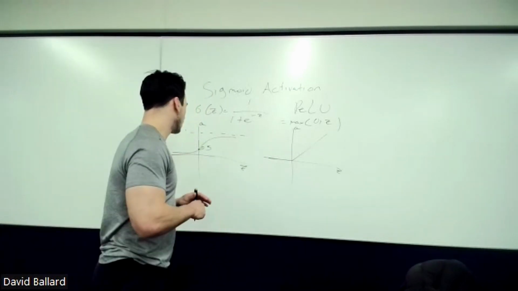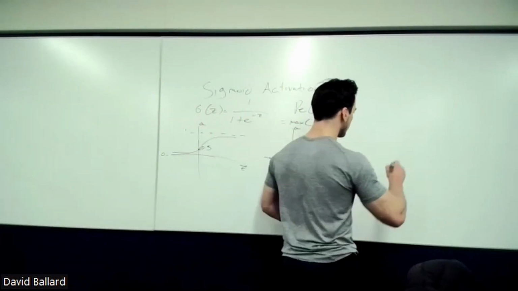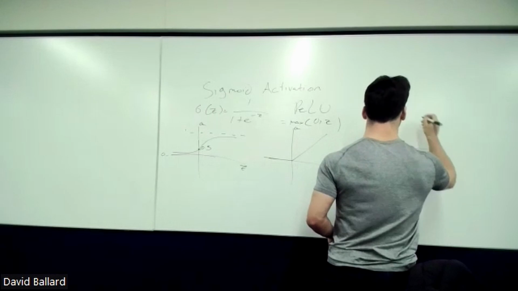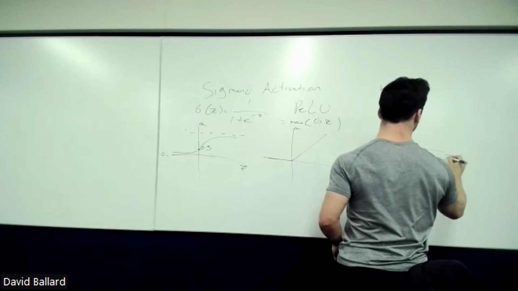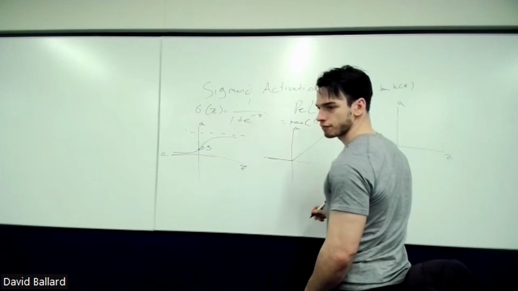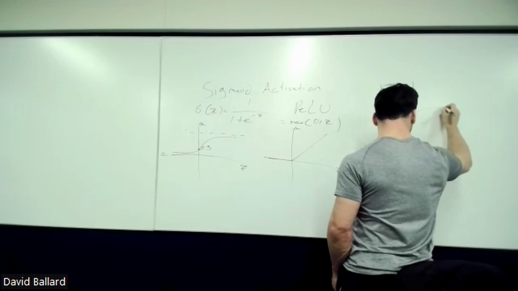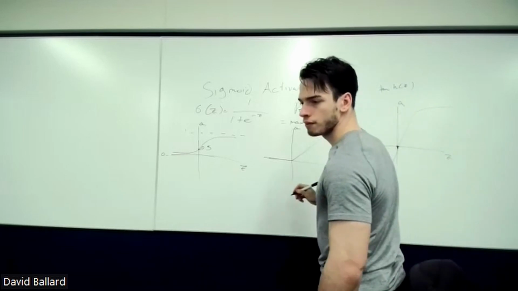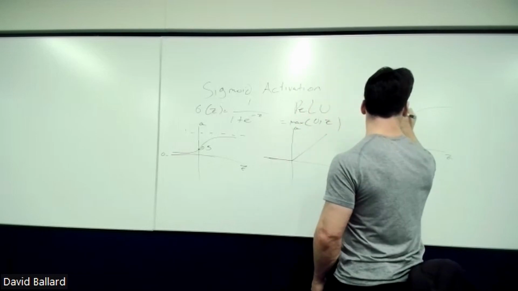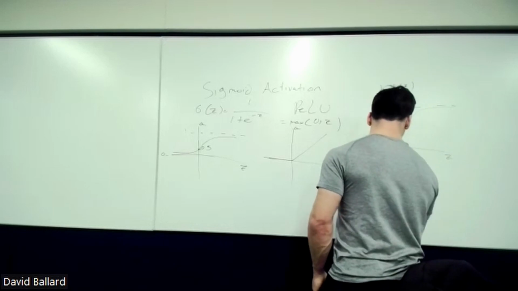There's also hyperbolic tan. This should hit 0. This goes to 1 and to -1. There are horizontal asymptotes here. Okay.